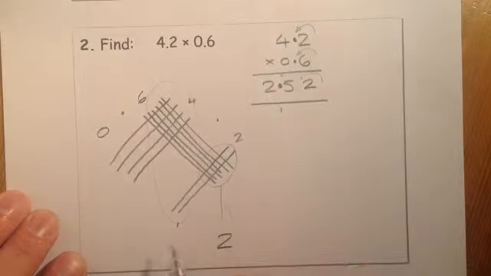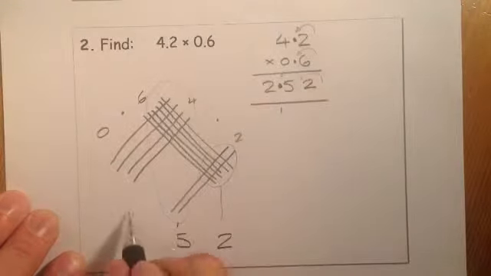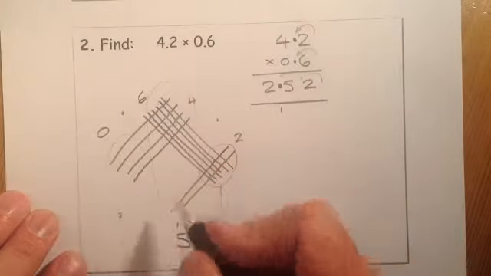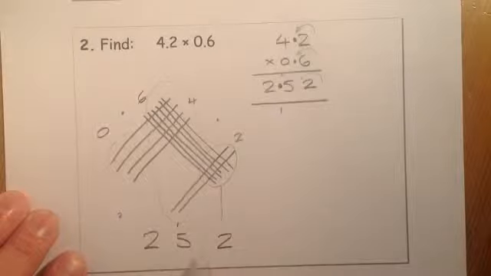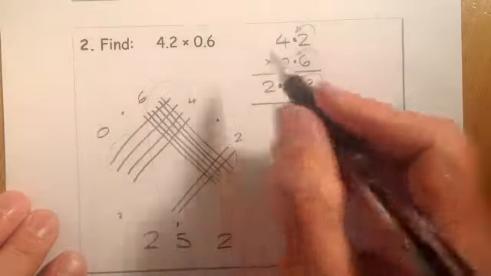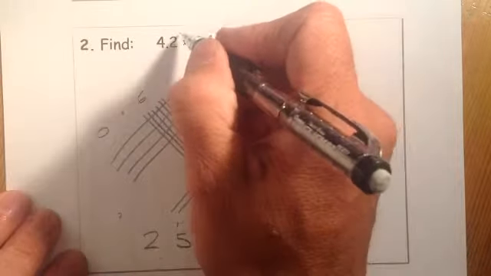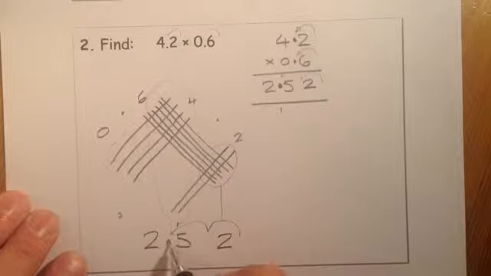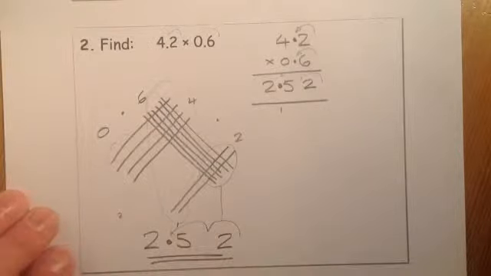Add 1 on, that's 25, so I'll put a 5 there, and I'll carry 2 over to here. I've not got any intersections there, so that 2 will just come over here. And remember, we're going to think about the decimal places in the question. So there's 1 place, 2 places, so I'm going to move my decimal point 2 places, so there's my answer there. Okay, just using some of the other methods that I've already shown you.